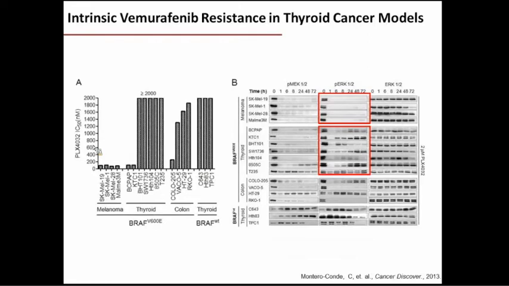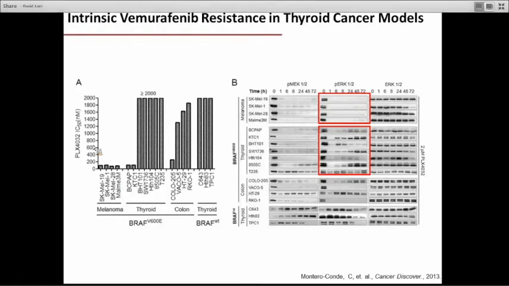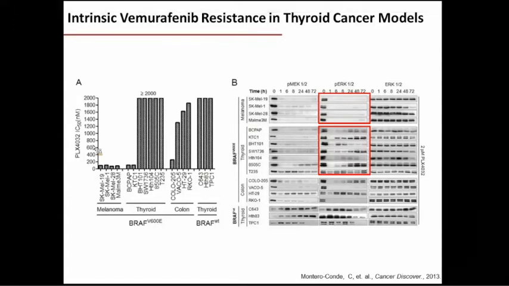So, we were interested in trying to understand what might explain this, and I'm going to explain this relatively quickly, but it's a study primarily in cell lines, mostly poorly differentiated anaplastic cell lines. And if you look here at the left panel, these are a number of different BRAF mutant cell lines from either melanoma, from thyroid, or from colorectal, which, like thyroid, do not respond very well to RAF kinase inhibitors.